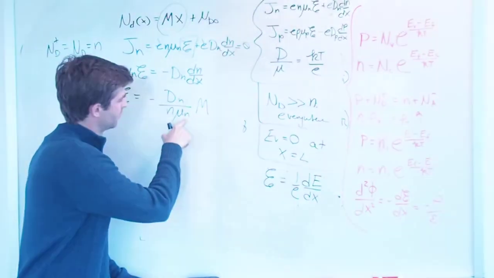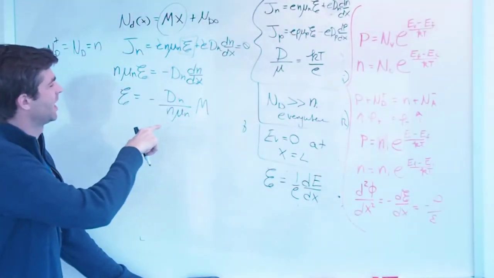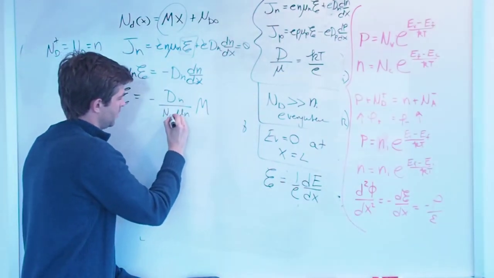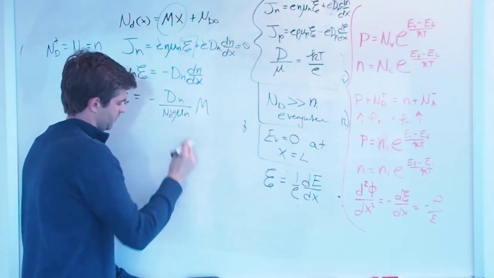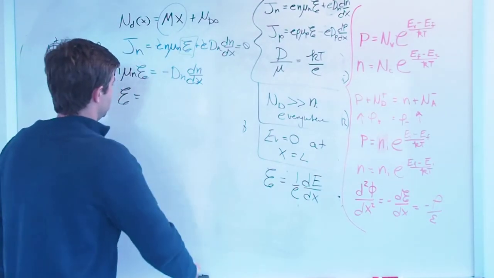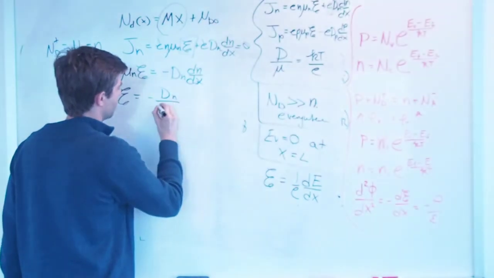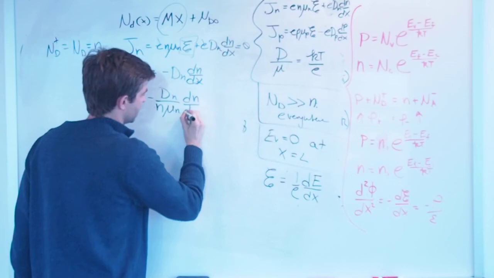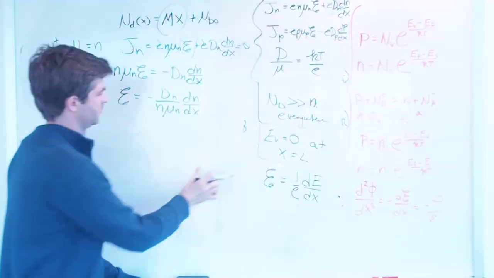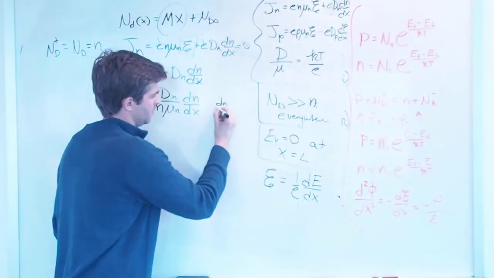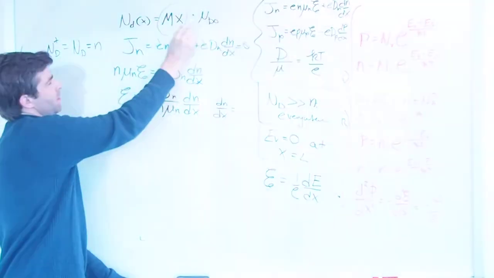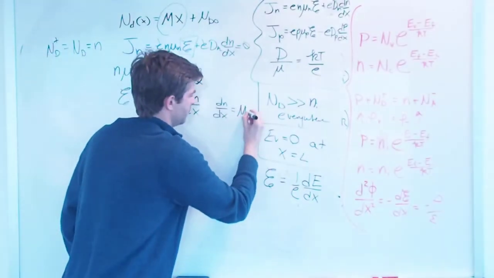And by the way, mu_n and D_n, I can simplify that, right? Oh, by the way, this is N_d of x, right? Let me just rewrite this here. I'm simplifying too fast maybe. So negative D_n over n mu_n dn/dx. Well, dn/dx is just equal to the slope of our doping, which is just m, right?